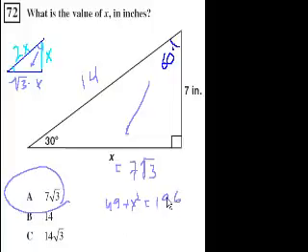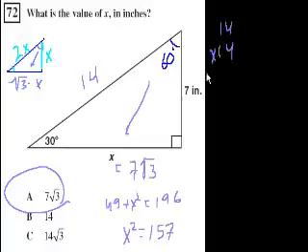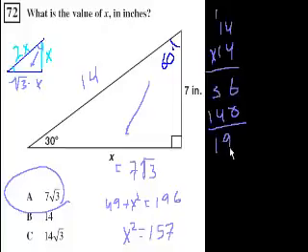Subtract 49 from both sides. You get x squared is equal to, let's see, 196 minus 50 would be 156. So it's 157. Is that right? Let me make sure I got it. 14 times 14. 4 times 4 is 16. 56, 0, 140, right. 196.